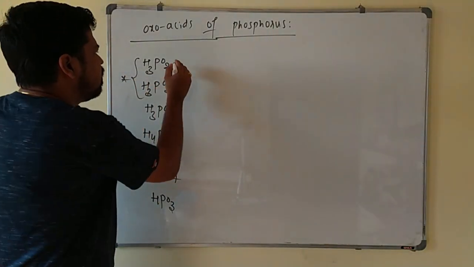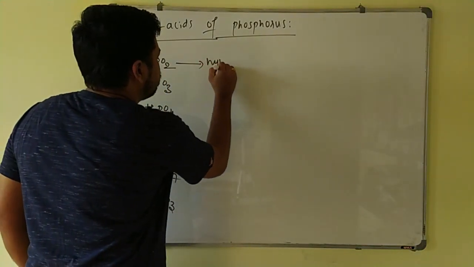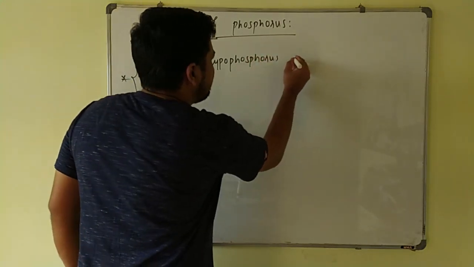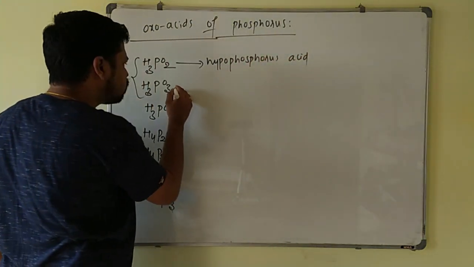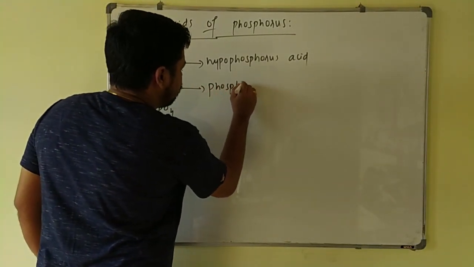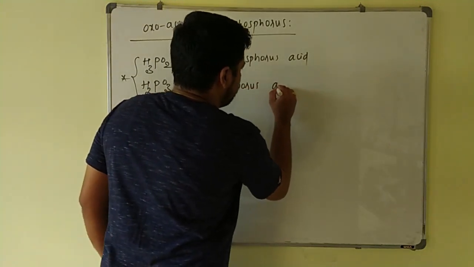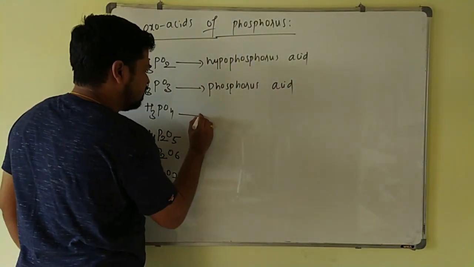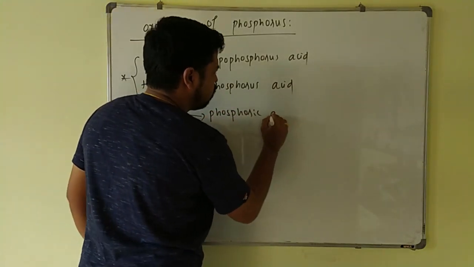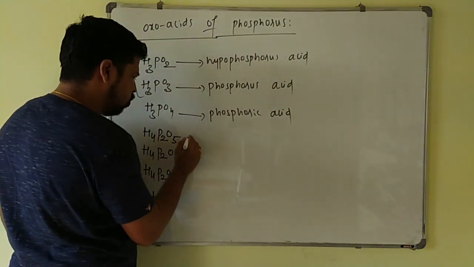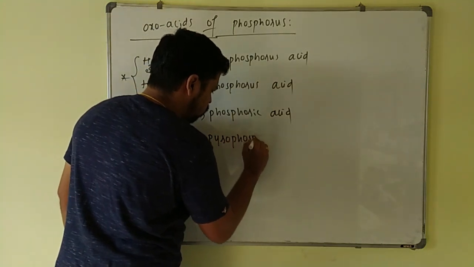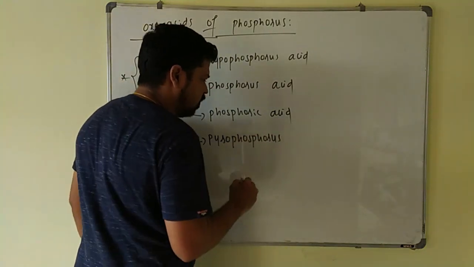These are the names. The first one is hypophosphorus acid. Second is phosphorus acid. And this is phosphoric acid. H4P2O5 is pyrophosphorus acid.